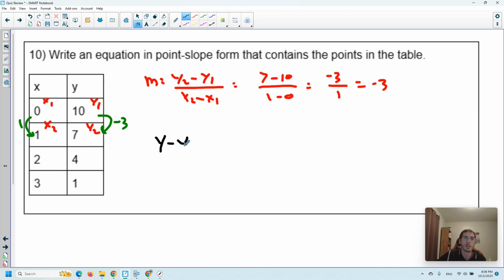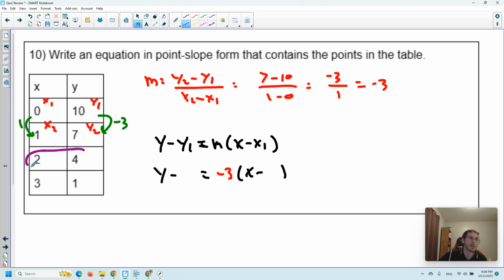So y minus y1 equals m(x minus x1). So the only number that I need to definitely have is the -3. But I actually have my choice. I can kind of pick whatever I want from the table. So if I want, I can pick this point, 2, 4.